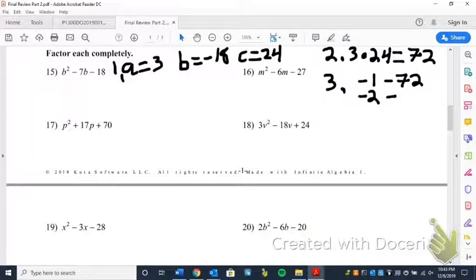Notice that I'm having both of them negative because when they add up together, they need to equal a negative number. And when they multiply together, they need to equal a positive number. The only way to get a positive number when multiplying is to multiply together 2 positives or 2 negatives.